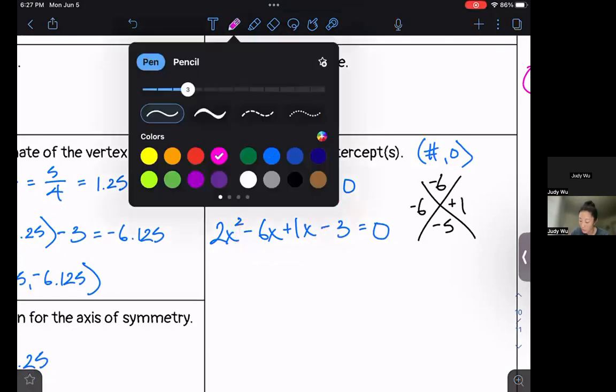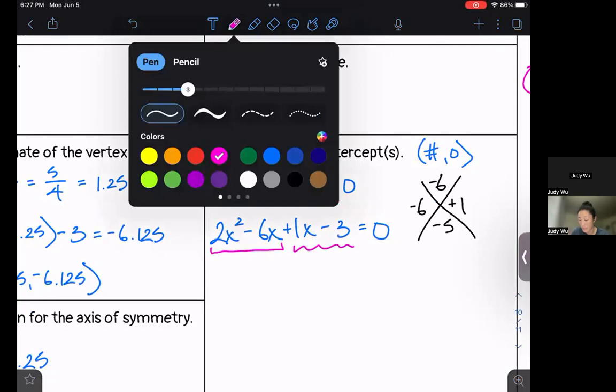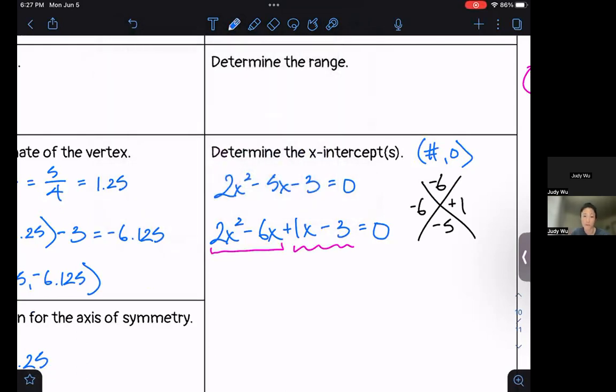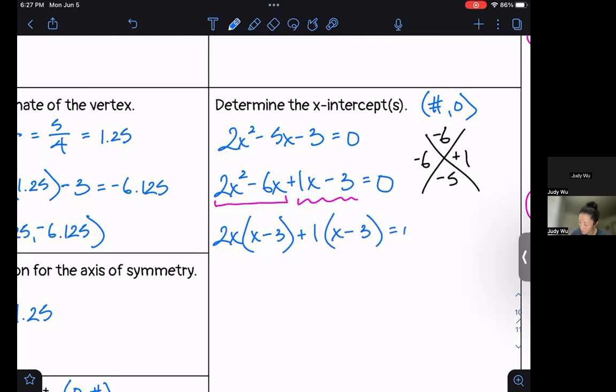So I'm replacing this -5x with two unsimplified terms. The reason I'm doing that is so then I can clump the first two and then the second two and find the greatest common factor for each one. The greatest common factor in the first two is 2x, and I'm left with x minus 3, plus the greatest common factor in the second one is actually just 1. 1 times x minus 3 equals 0.